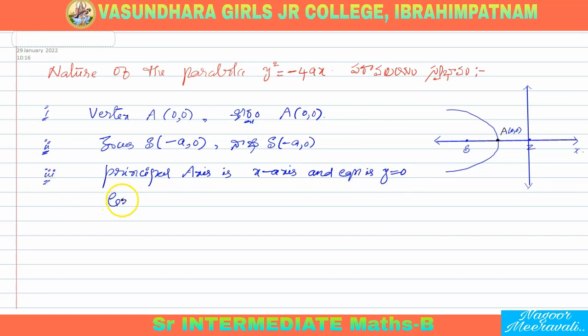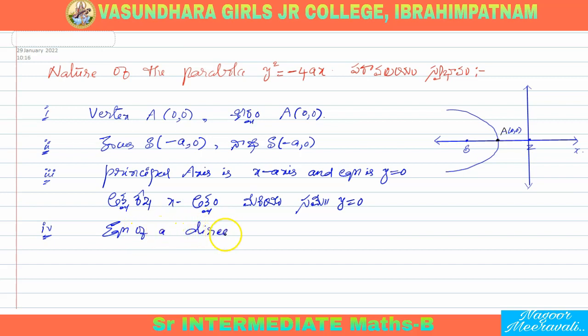Next, what did we write? Equation of directrix. What did we tell? x plus a is equal to 0. Here you can write x minus a is equal to 0.